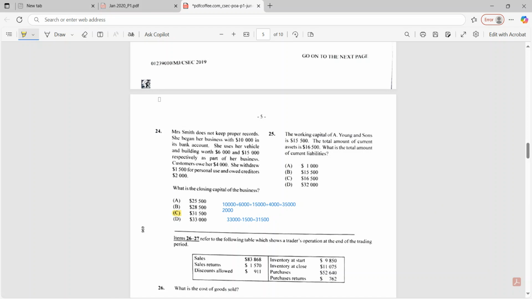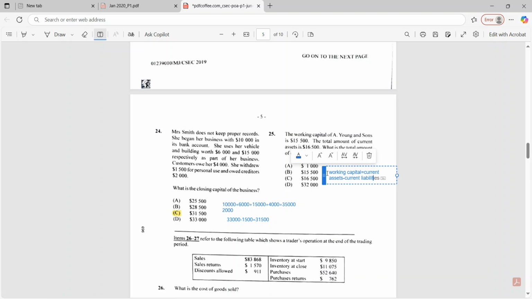So how do we find working capital? They gave us the working capital, they gave us the current assets. We're supposed to find the current liabilities. We know that working capital is equal to what? Current assets minus current liabilities.